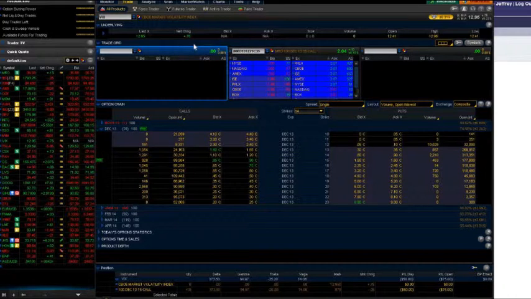This is not uncommon to see in the VIX. It's what makes trading the VIX a little bit difficult, because the VIX is moving one direction, right? But the options are coming down, showing that they're not expecting the VIX to move up too much higher.